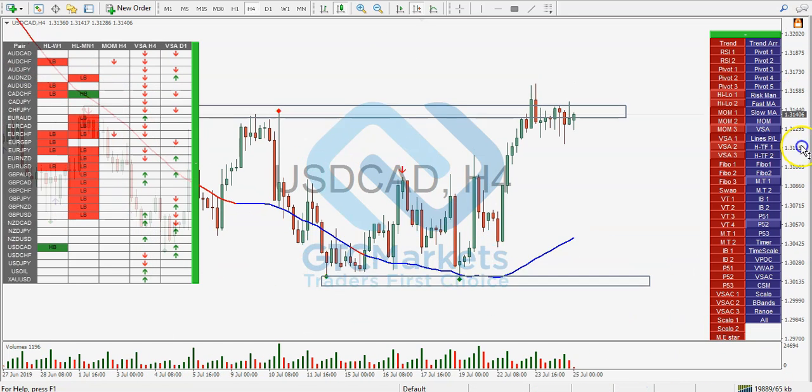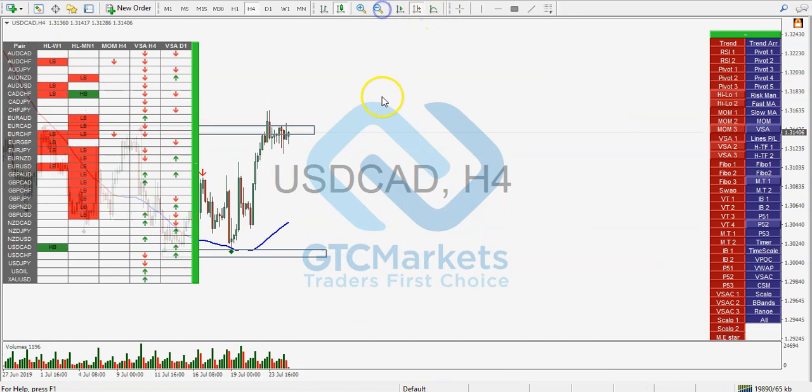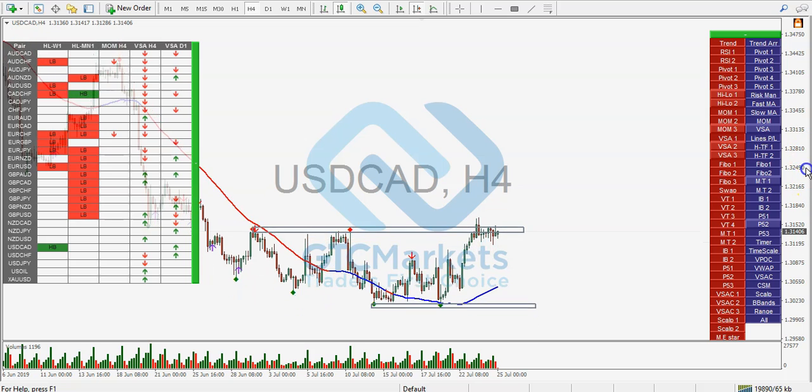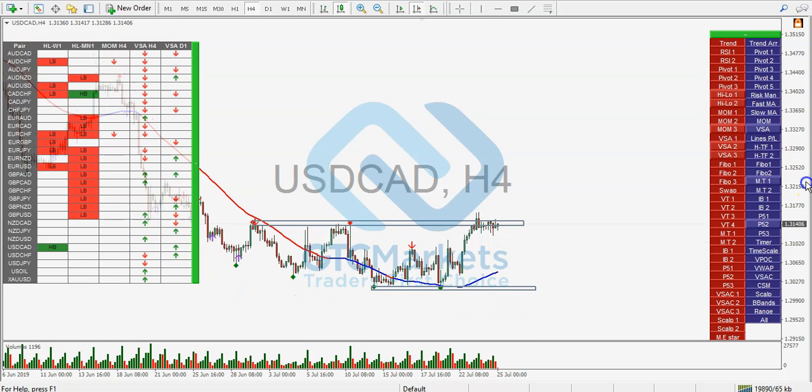If I look at it fundamentally, then I will not be a buyer because I know the dollar is going to face some trouble and the Canadian dollar will be stronger. But if I look only at the technicals, I will wait for the breakout of this level. If I get a good breakout, or let me just show you, I'll wait for an ABCD pattern, an A leg, and then I will wait for the retracement to at least 76%, somewhere over here.